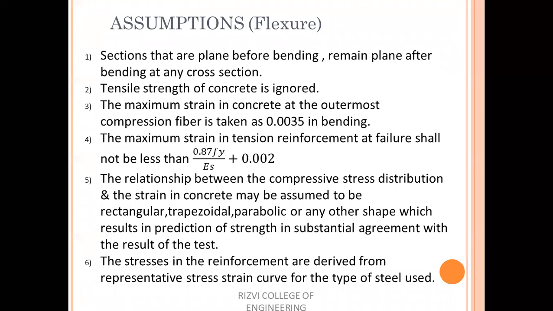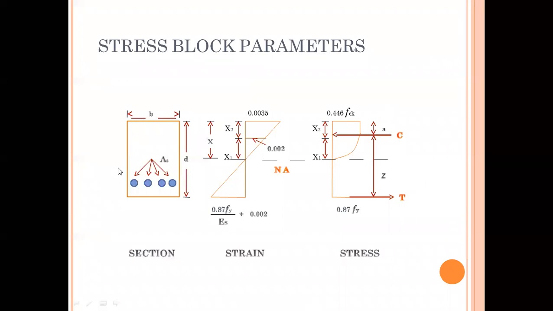Here, let me show you what we are considering. This is the stress diagram, this is the strain diagram. We are considering from the neutral axis it is parabolic up to a point, and then it becomes constant. So this is the stress block parameter stress diagram in LSM.